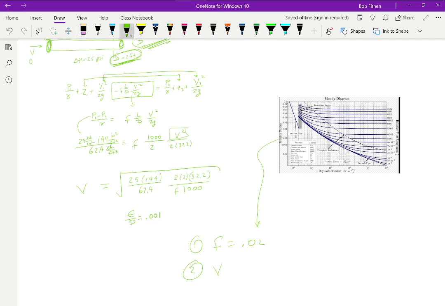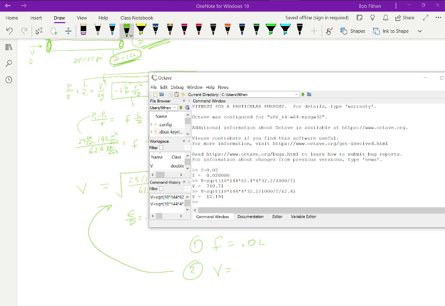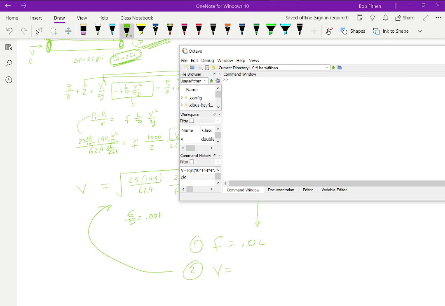Process 2, velocity is equal to, from this equation, okay, so I had this in here once. So let's do this. I'll say F is equal to 0.02.